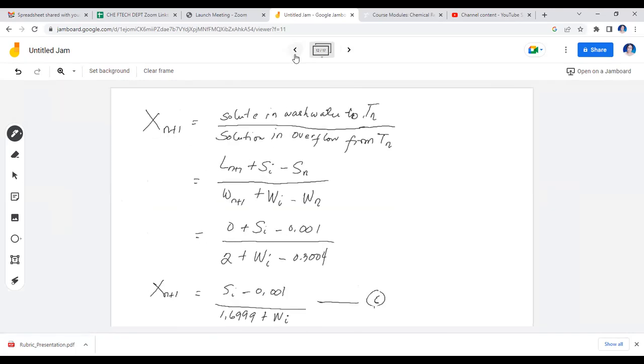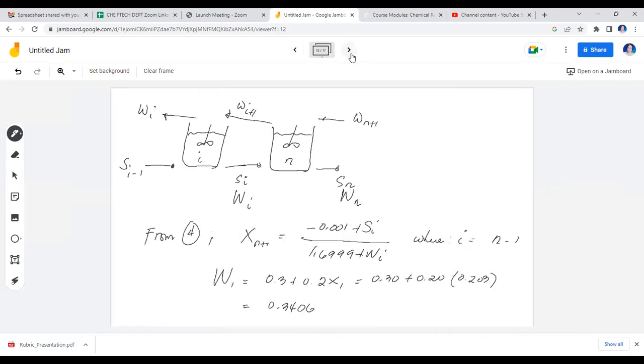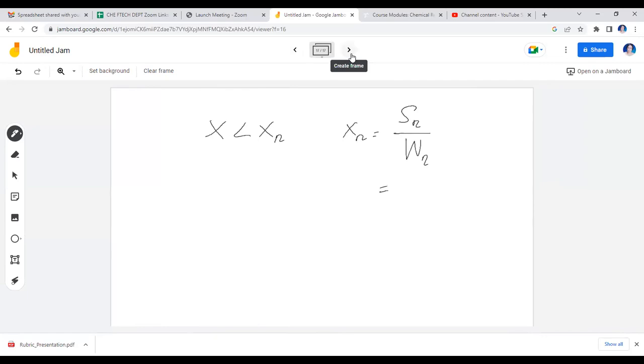Your answer here, you just go back, 0.001 divided by 0.3004, which will give you an answer which is 0.00333.